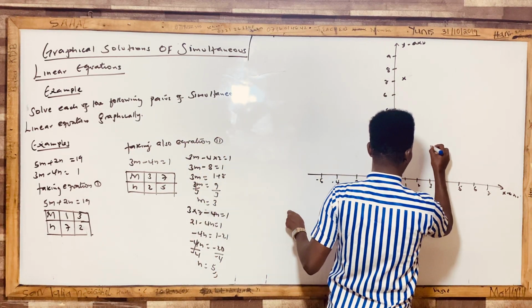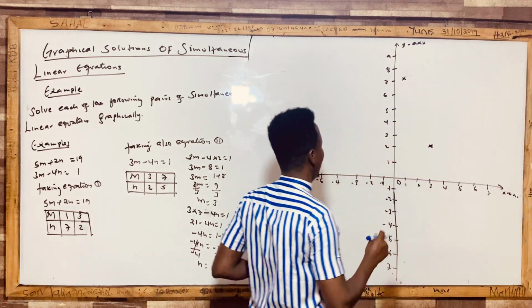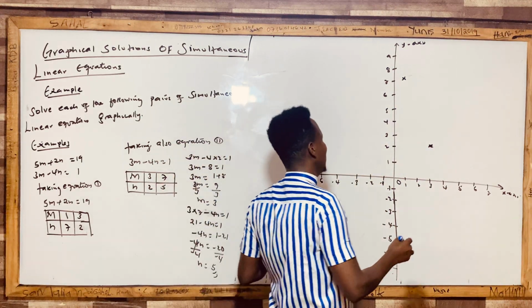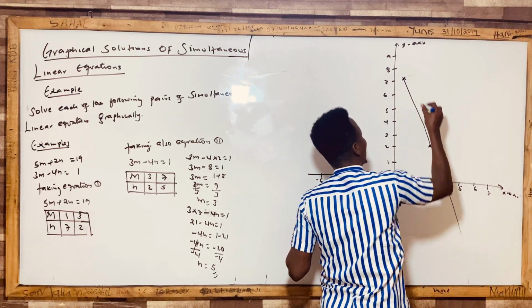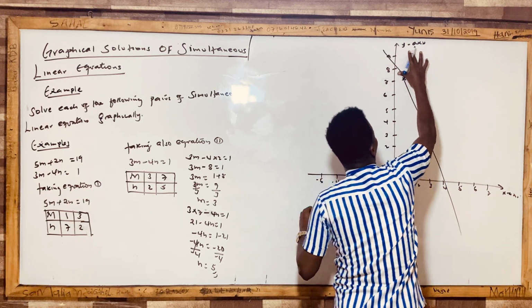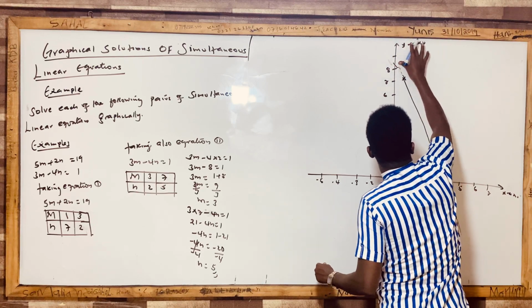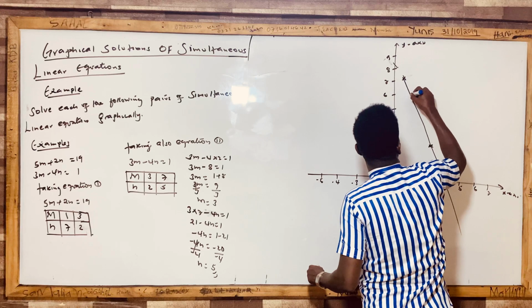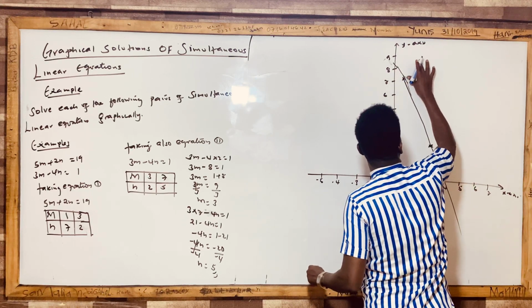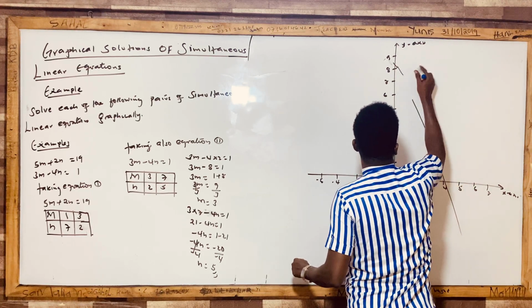You know, I'm using the whiteboard. 3, 2. What will I do? I will join these two. This is 9, yeah, don't forget. So we can still extend this line. Remember, this is the point.